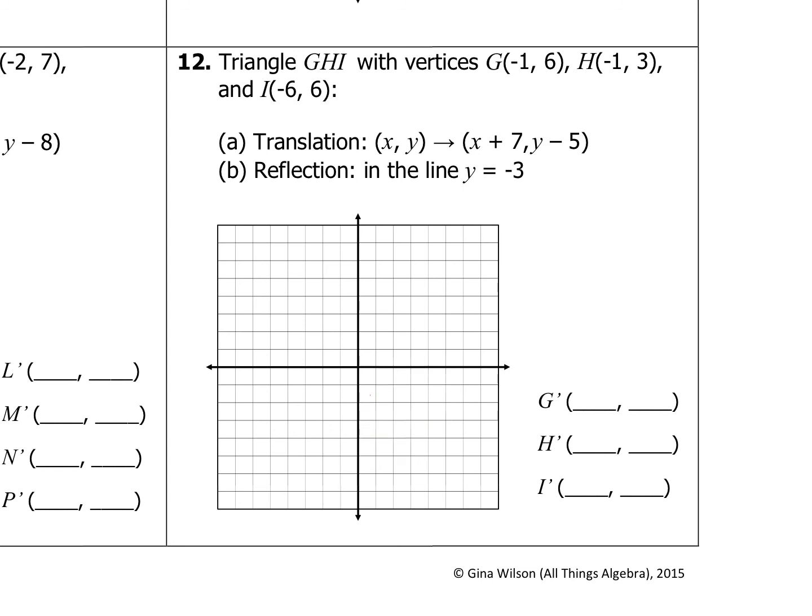Okay, again, you could pause the video and do 12 on your own and then restart it to check, or you can go along with me. So we're going to start with plotting the pre-image.